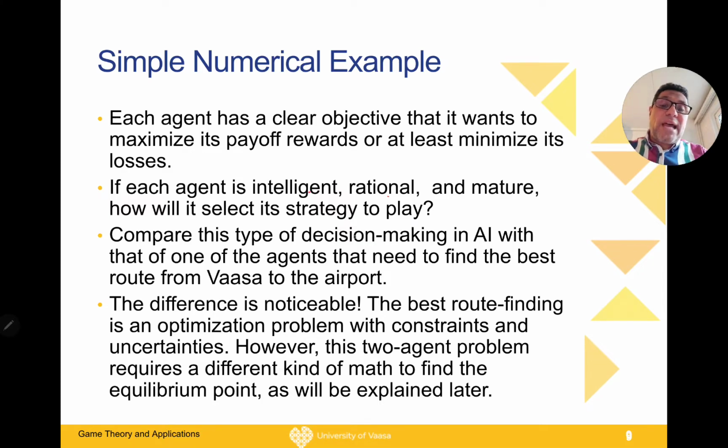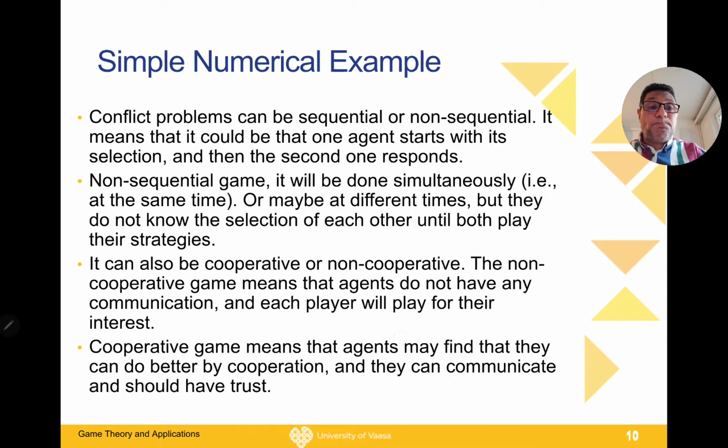Now, if we compare this type of decision making in artificial intelligence with that of the agents that need to find the best route from Vaasa to the airport, we can see the difference between these two types of problems. The best route finding is an optimization problem based on some searching techniques, but the two-agent problem requires a different kind of math to find the equilibrium point, as we will explain.